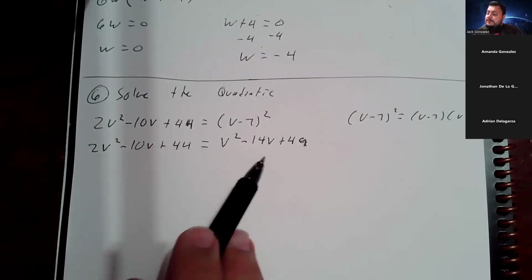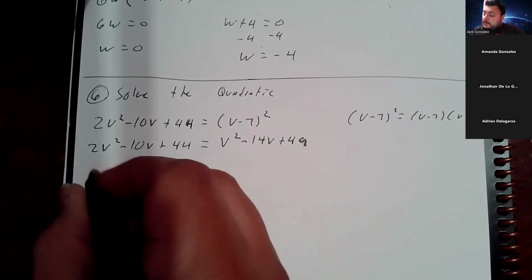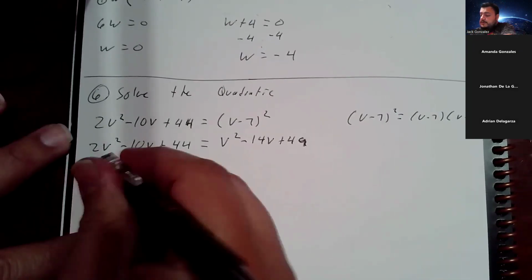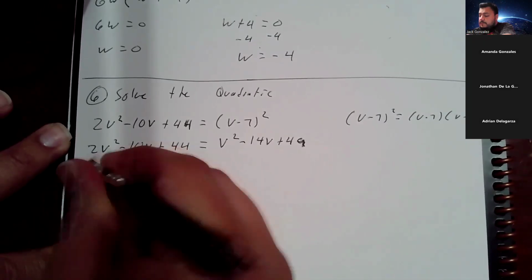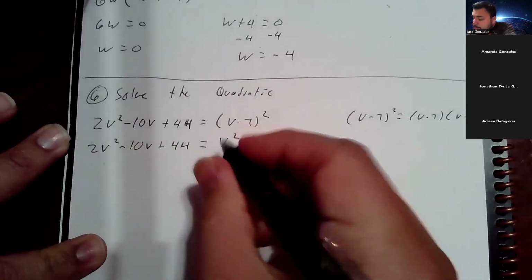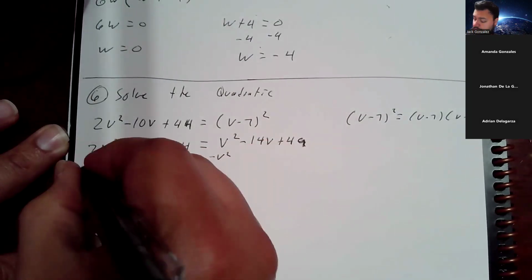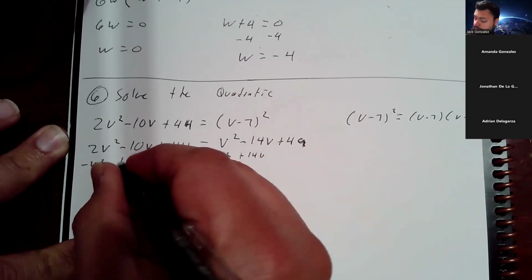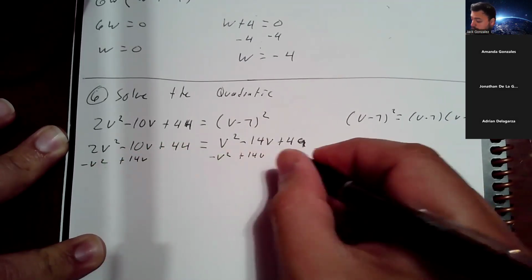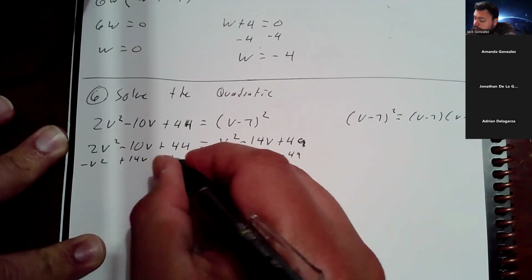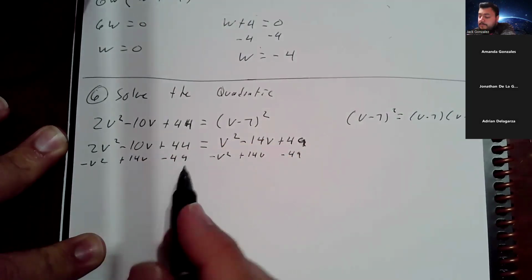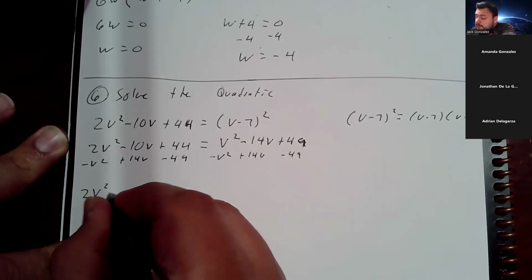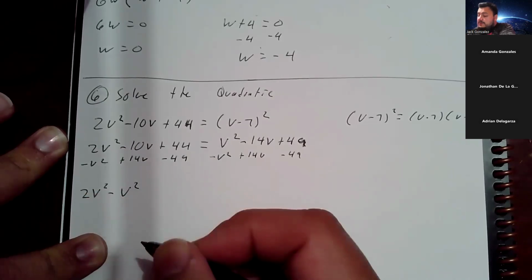So I'm going to move everything over now, right? I'm going to get the v's together. So subtract this. Well, let me write it down so you don't forget. So minus v squared, minus v squared, plus 14v, plus 14v, minus 49, minus 49. Now you could just go ahead and add it here, but what I'm going to do is show you, I'm going to pair them together and then do it in the next step. So I'm subtracting the v squares.